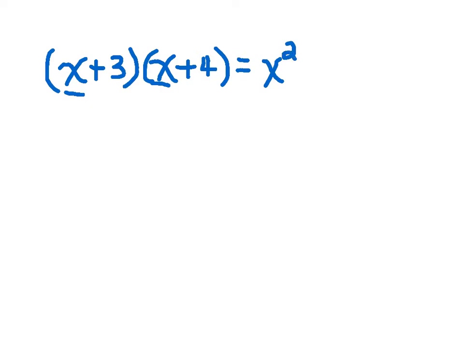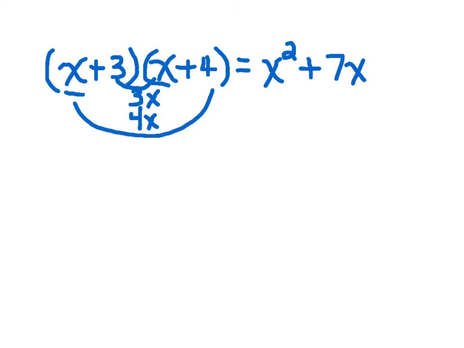The outer terms are 4x. The inner terms are 3x. And when we add those together, we get 7x. The last terms give us 12.